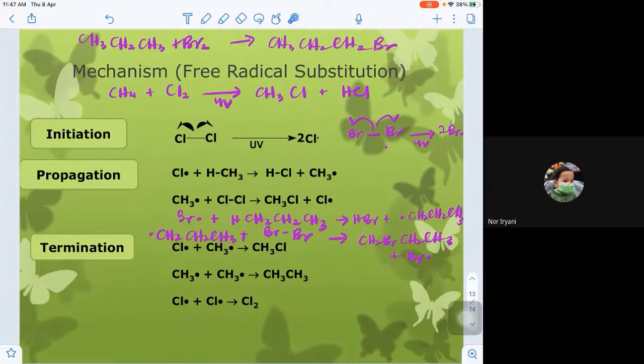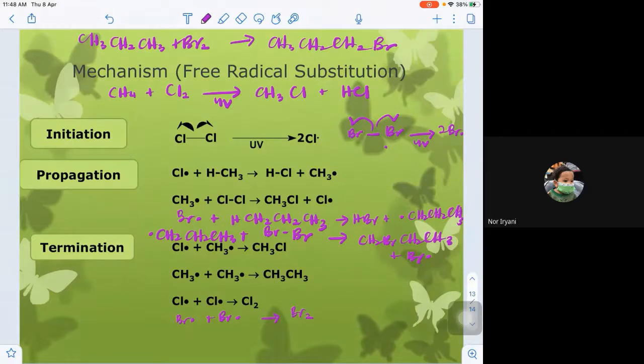So if we try to write the termination step for this reaction, propane with bromine, the first possibility is the Br radical meets another Br radical so that it turns to Br2.